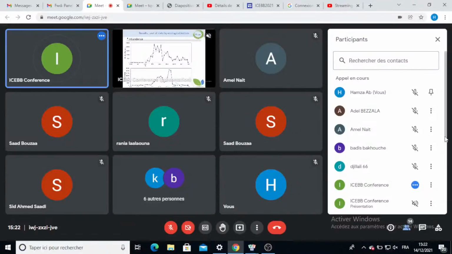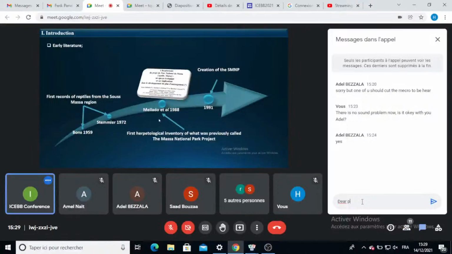It takes its name from the Sous-Massa rivers, which host two Ramsar sites of international importance. So far, there is very little information on the Sous-Massa National Park website, and available data remains very insufficient. Early literature shows that the first reptile records in the Sous-Massa region were made in 1959 and 1962.